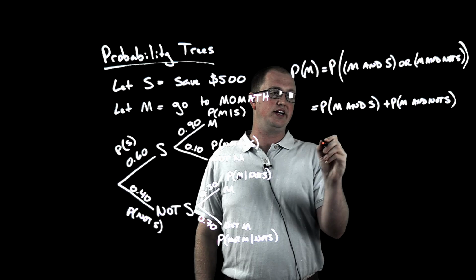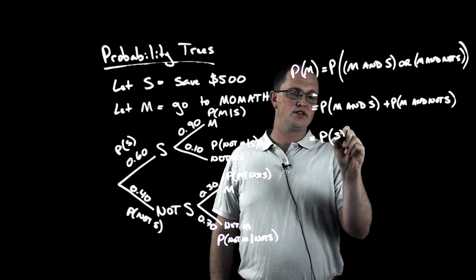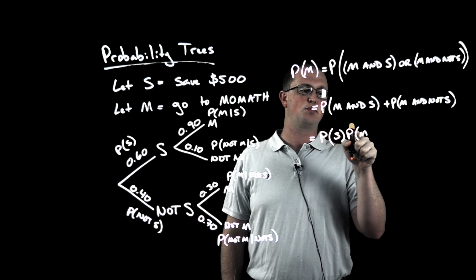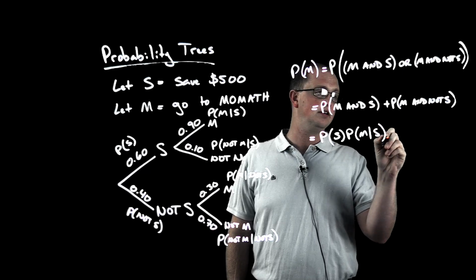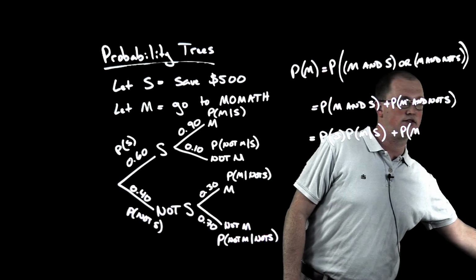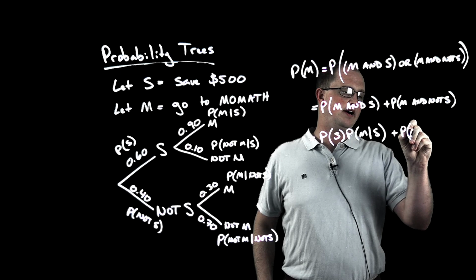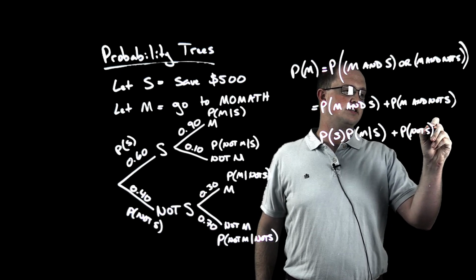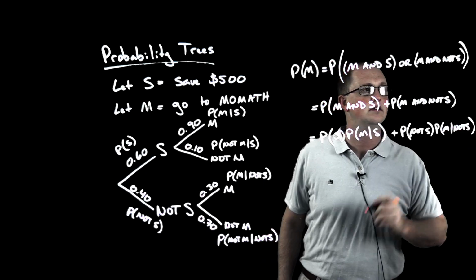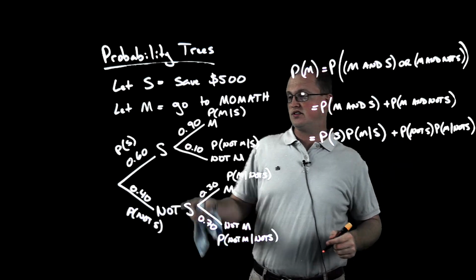So we can rewrite each of these as the probability of S times the probability of M given S, plus the probability of not S times the probability of M given not S. And these are all probabilities that we know.